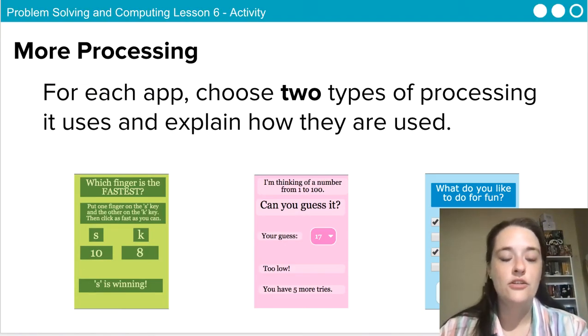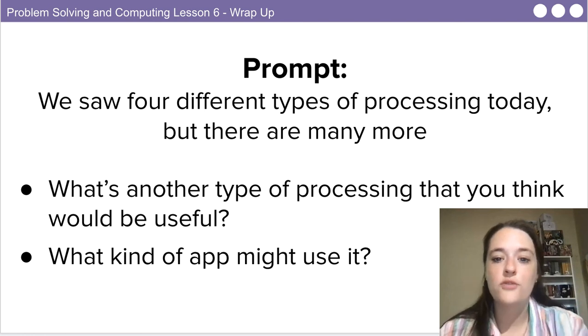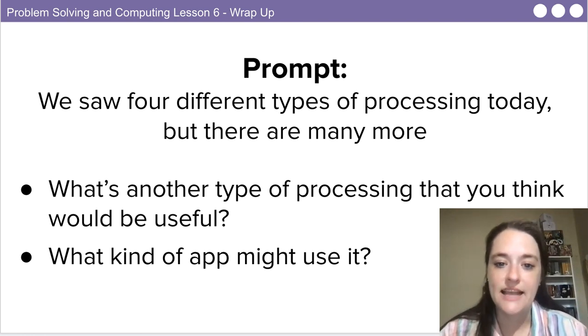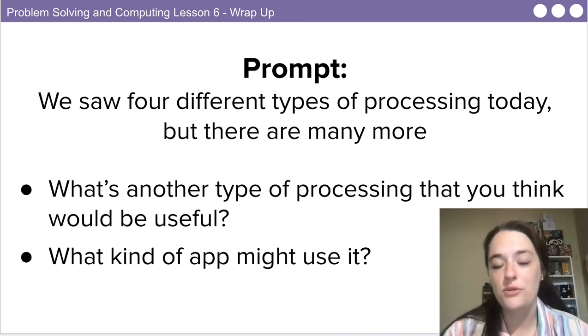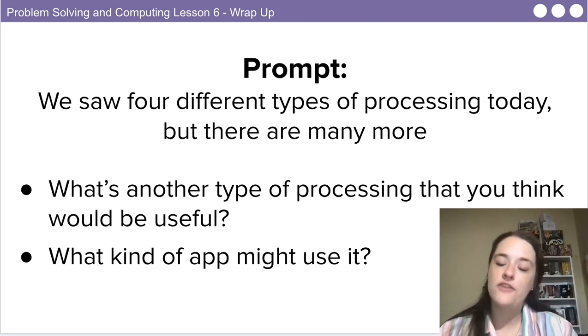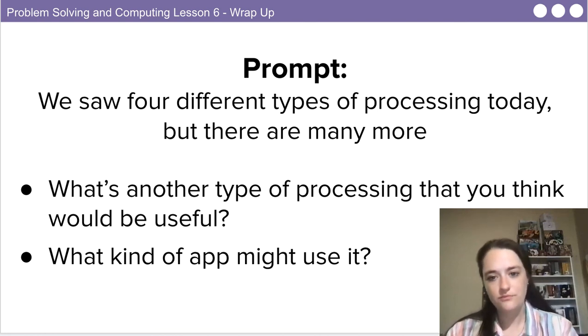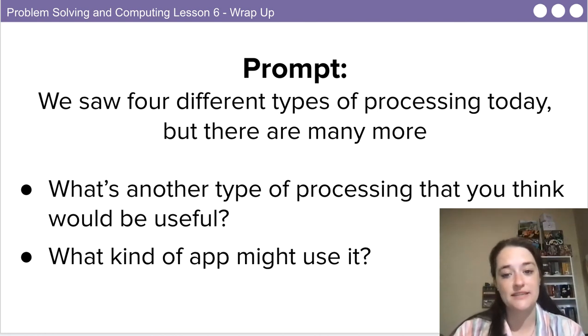And then for your wrap-up, you're going to answer this question in your journal. We saw 4 different types of processing today, but there are many more. What's another type of processing that you think would be useful, and what kind of app might use it? So these are just a couple of sentences, all right?